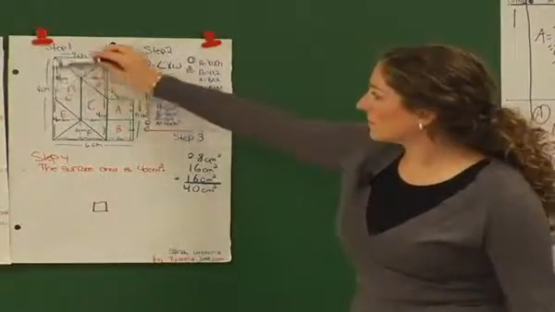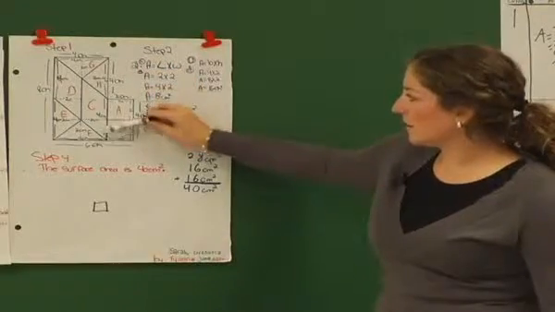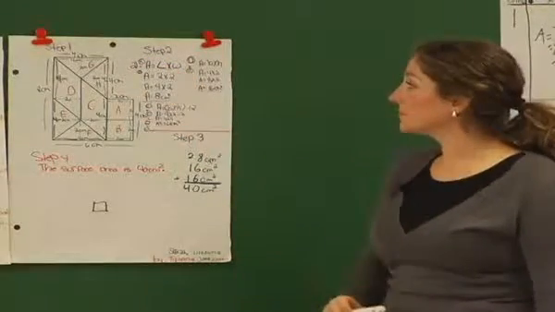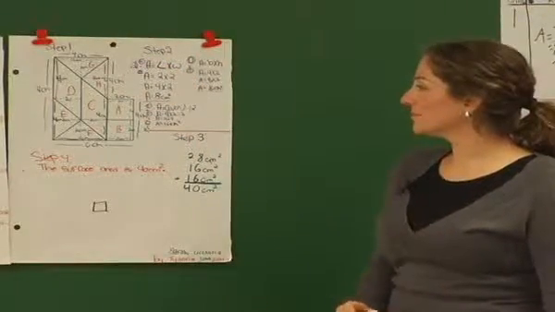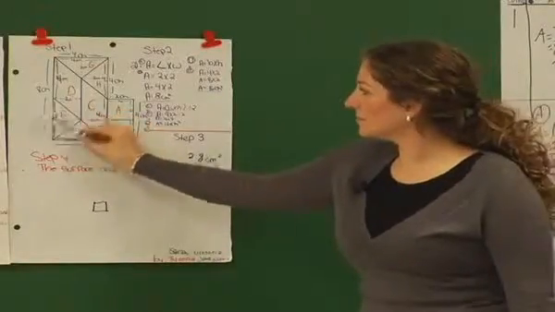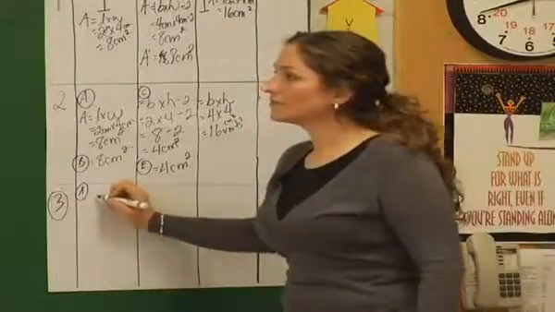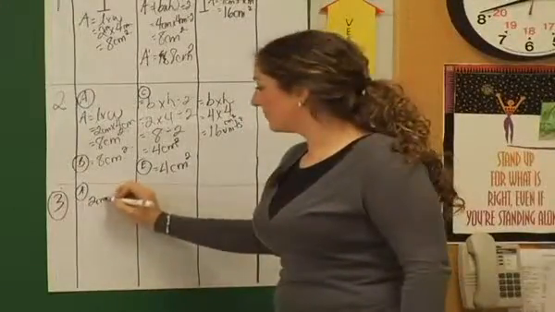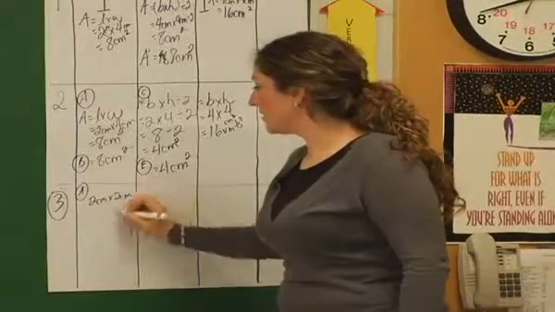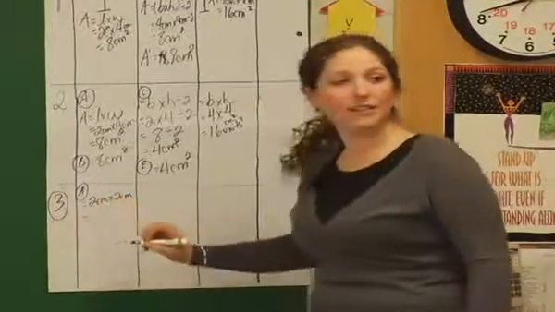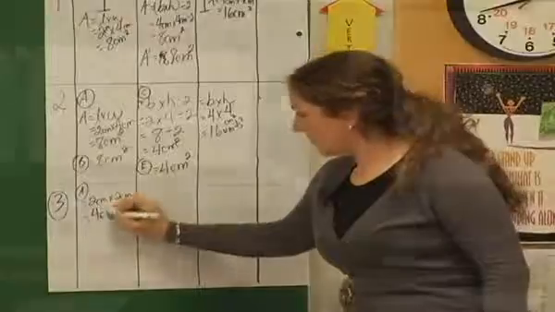We made a big parallelogram and divided that in half, and then we were left over with 2 triangles and divided those in half. And what are the dimensions for A? A is 2 centimeters by 2 centimeters. Okay, giving us a total area of 4 centimeters squared.